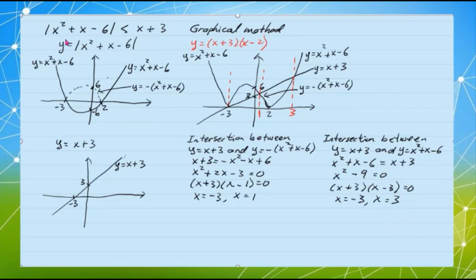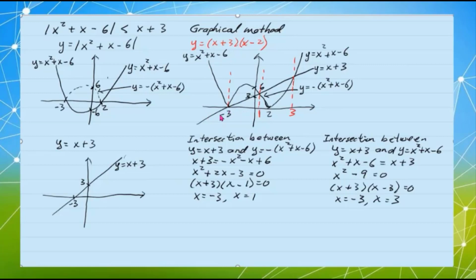Now when we look at the modulus inequality, since it is modulus x squared plus x minus 6 is less than x plus 3, we are going to take the section where the curve is below the straight line. When we look at this diagram, for this section, the curve is above the straight line. So this is not the section that we are going to take.